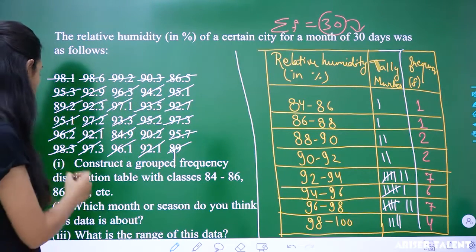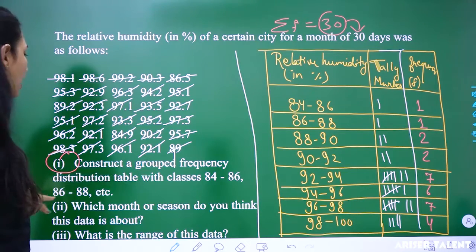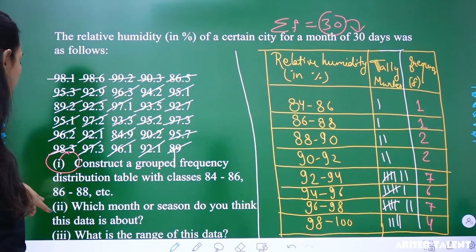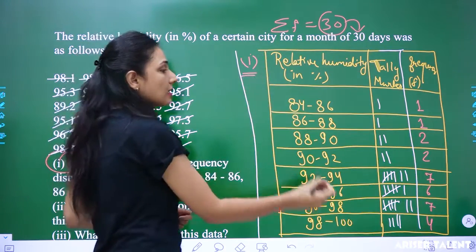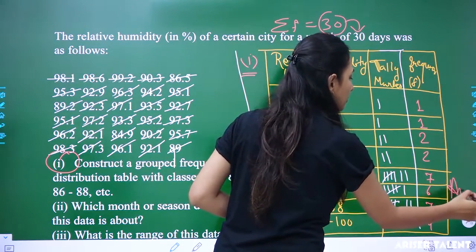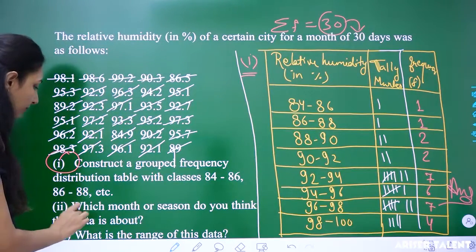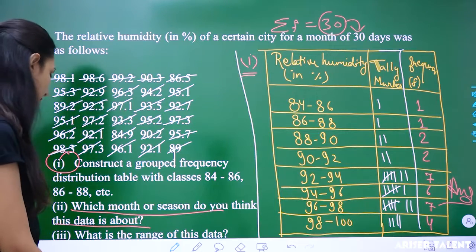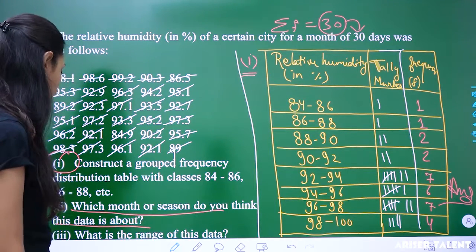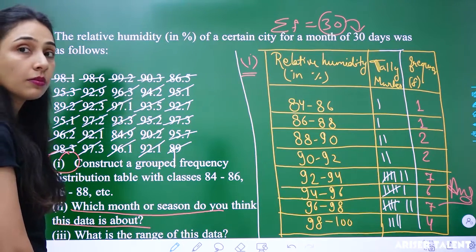Now the first question: construct a grouped frequency distribution table with classes 84 to 86 and 86 to 88. So this first is done; this table is the answer for the first. Now the second one: which month or season do you think this data is about?